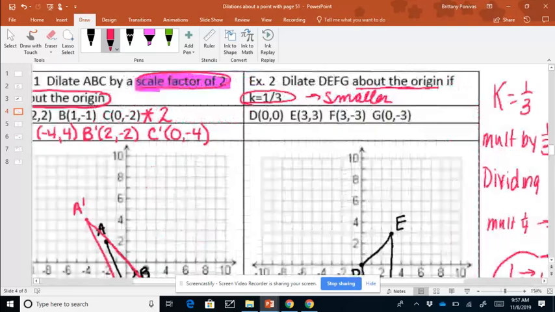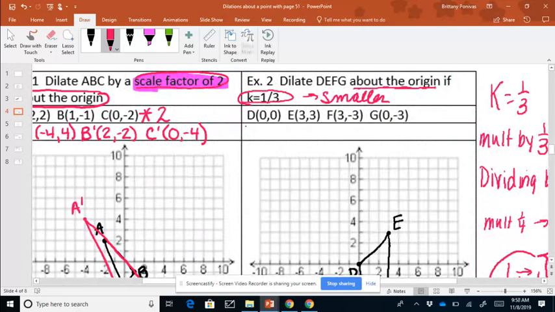So with your colored writing utensil, D is going to become D prime. So I'm going to put 1/3 here. D is going to become D prime, and then 0 times anything is still going to stay at zeros. E is going to become E prime, and 3 divided by 3 is 1. 3 divided by 3 is 1.